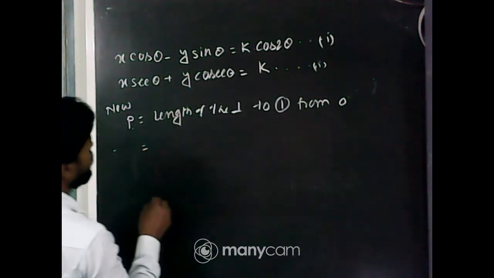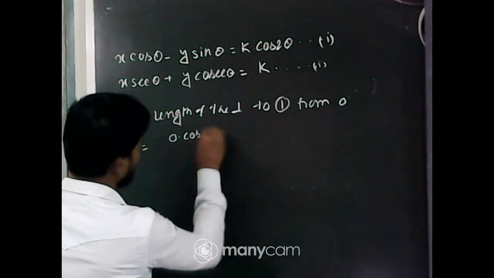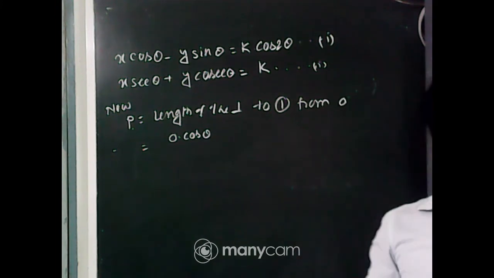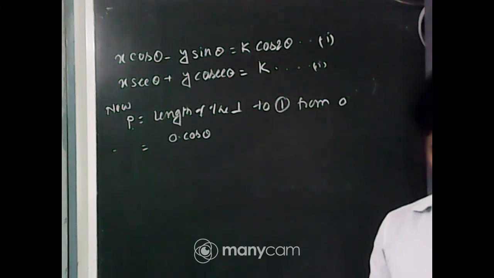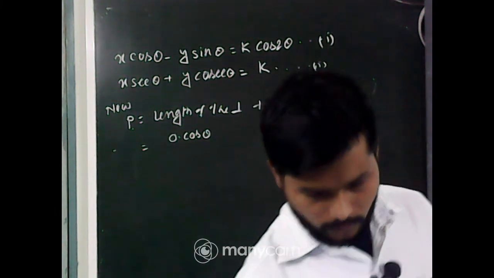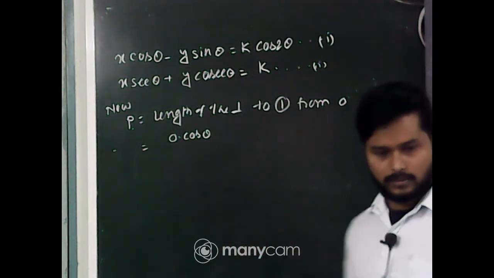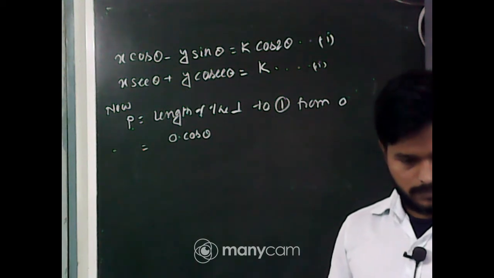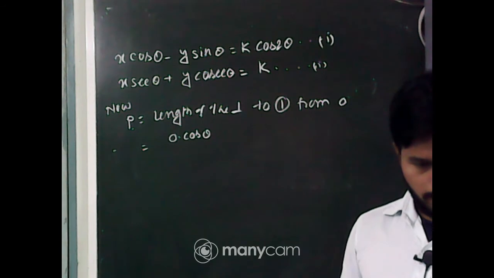Do you know the formula to find the length of the perpendicular from a point to a given straight line? Otherwise I will show you the formula first. I have already discussed it. If you know the formula, then we will apply it. Otherwise I will write the formula here. Do you know the formula?